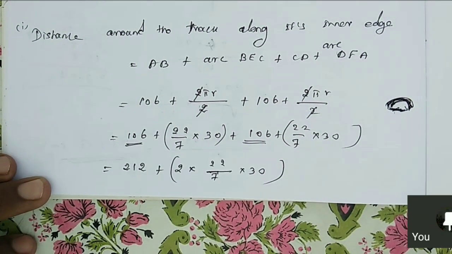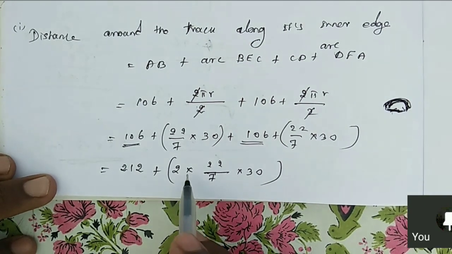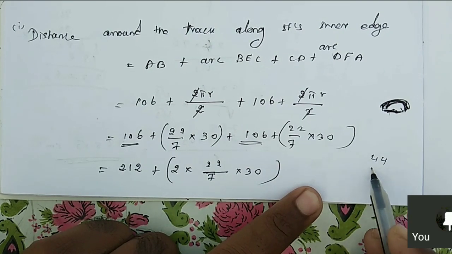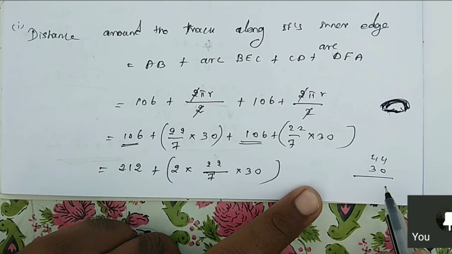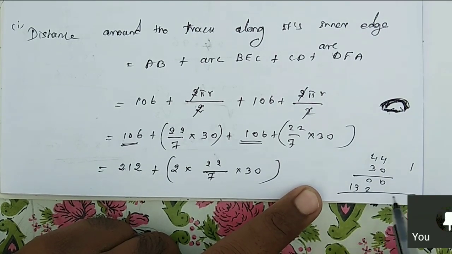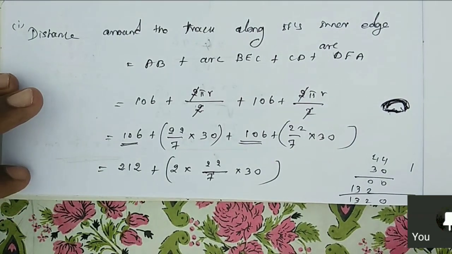Right? Any doubt? Okay. Now you should multiply. 22 into 2, 44. 44 into 30: 0, 0, 3 fours are 12, 2 remaining 1, 3 fours are 12, 2, 1, 13. So the answer is 1320. So 1320, right?